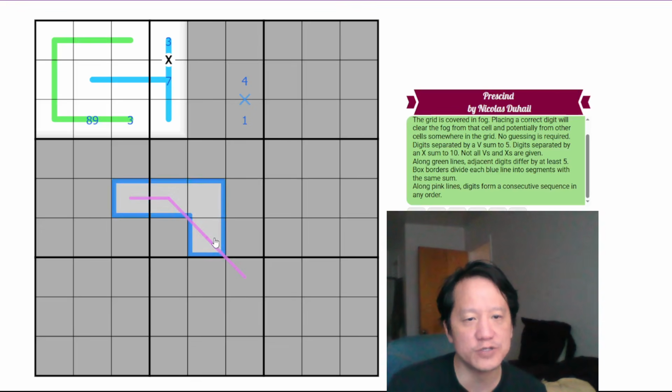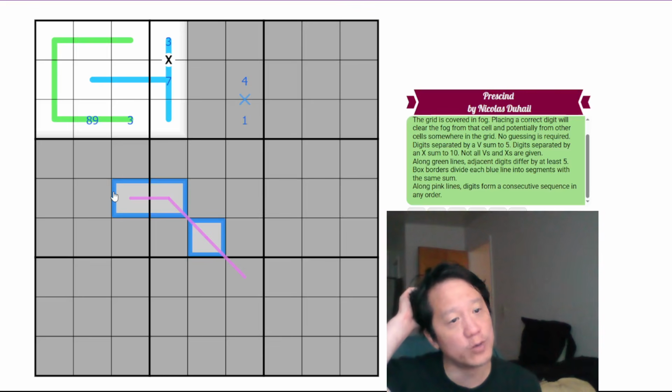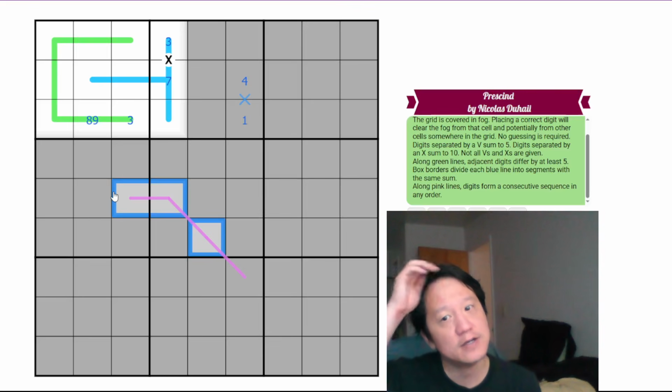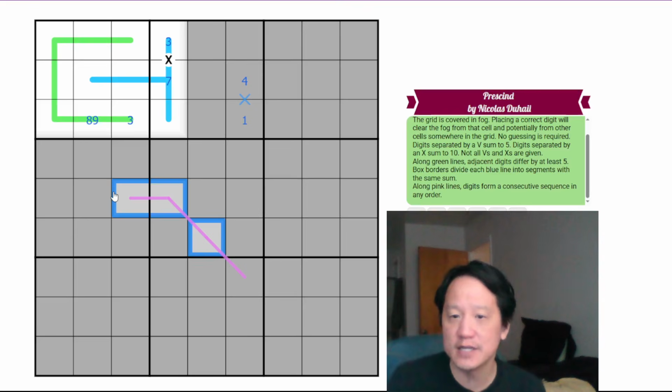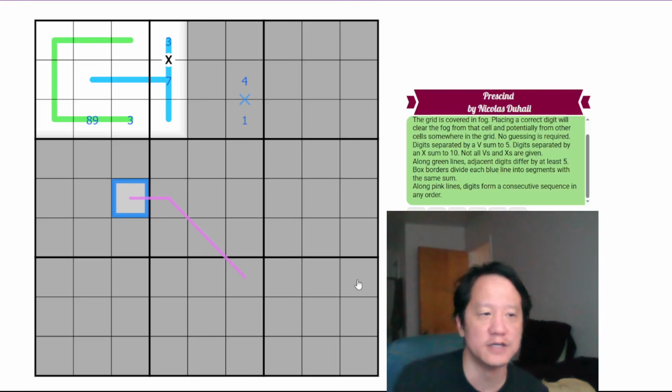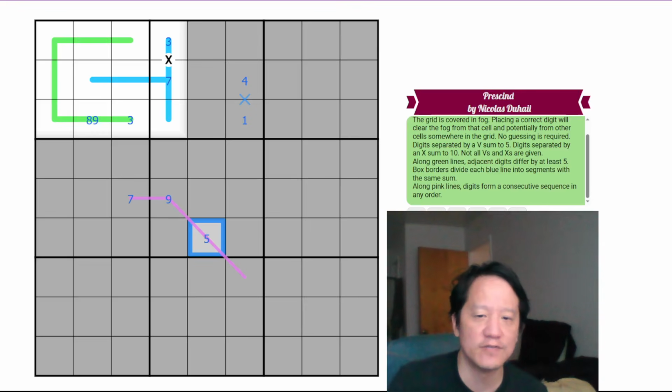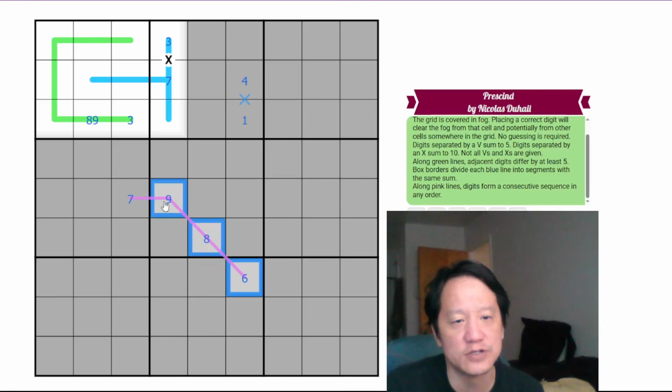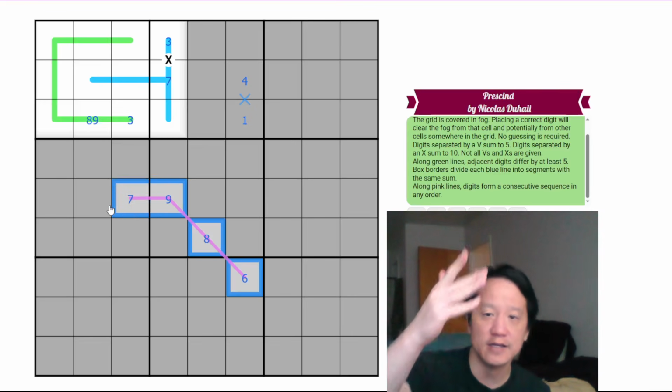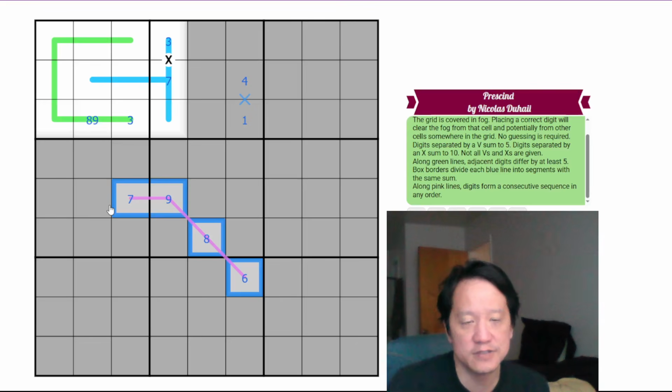Then these 4 digits would have to form a set of consecutive sequence. And you could have something like, say, 7, 9, 8, and 6. And this would be valid, and these are known as Renban lines. This would form a valid Renban line because 6, 7, 8, 9 is a consecutive sequence.